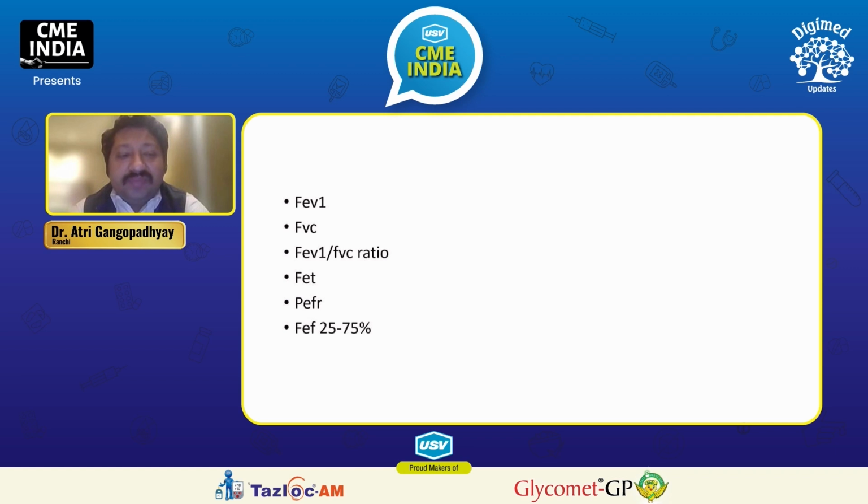PEFR, the peak expiratory flow rate. This is a wonderful prognostic maneuver. Like someone had a certain PEFR today, and after 3 months of your medicine, the PEFR has increased by 20 to 25%. So you can happily tell the patient that, look, you are getting better with Y medicines. You are getting better with maybe Z medicines. You never know.